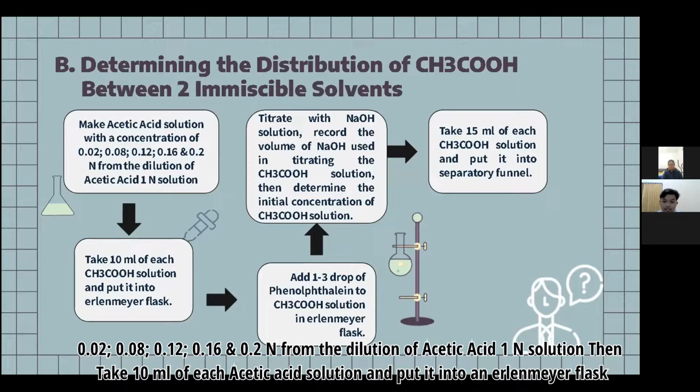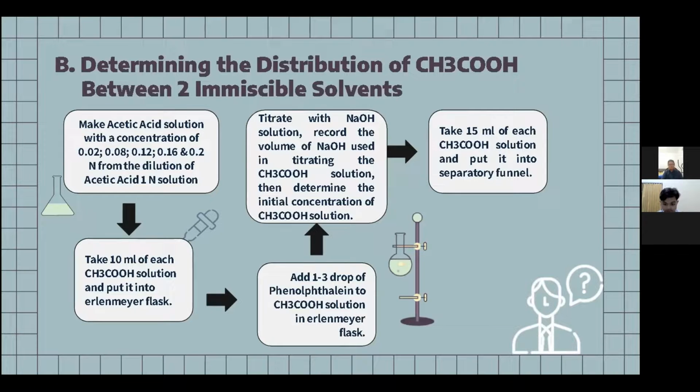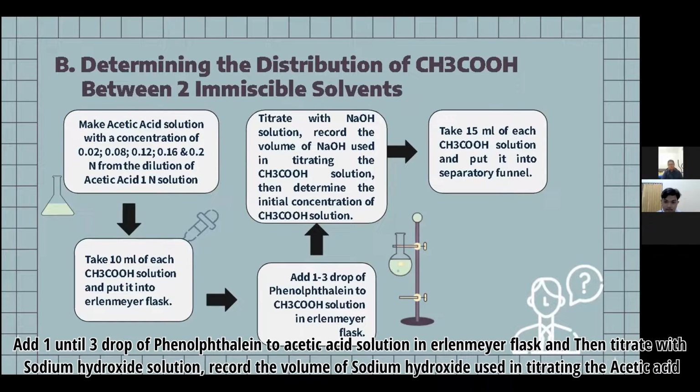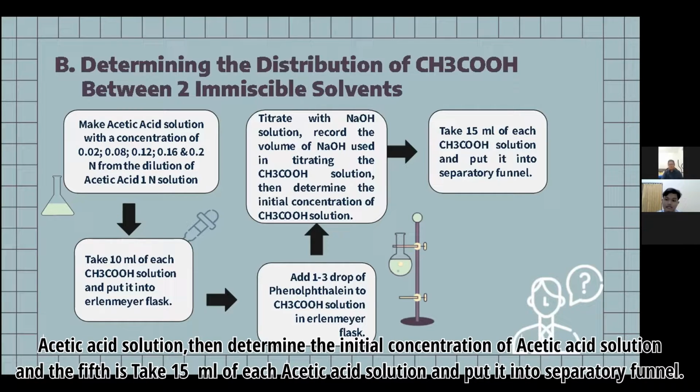Then take 10 ml of acetic acid solution and put it into an Erlenmeyer flask. Then add 1 to 3 drops of phenolphthalein to the acetic acid solution in the flask, and then titrate with sodium hydroxide solution. Record the volume of sodium hydroxide used in titrating the acetic acid solution. Then determine the initial concentration of acetic acid solution.